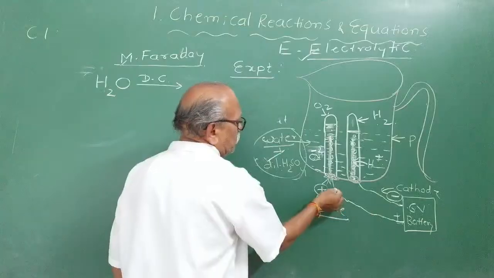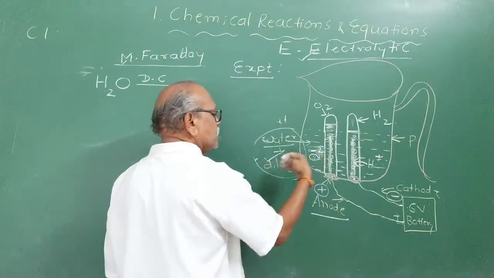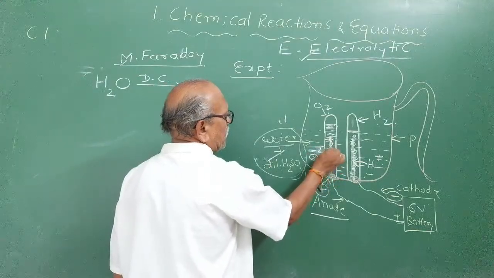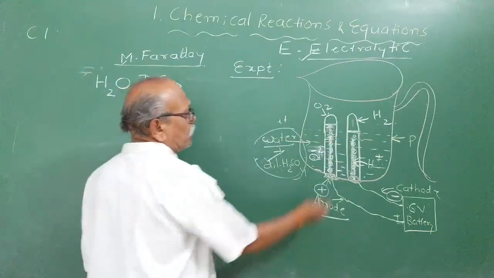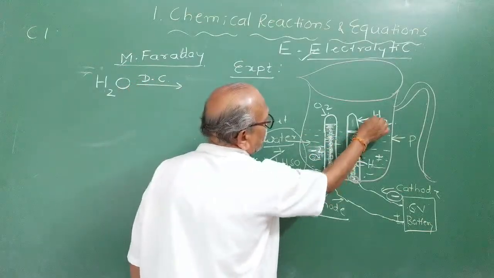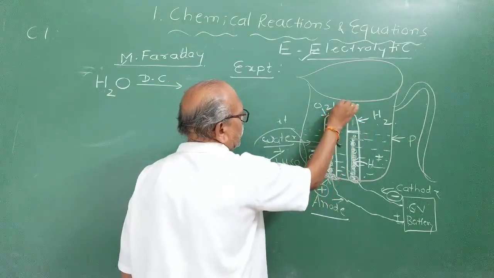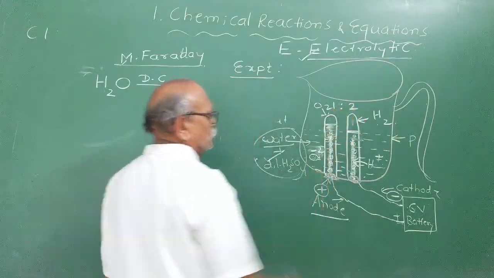Similarly, the O minus 2 ions will lose their charge and become oxygen gas. The bubbles of oxygen gas are liberated here and collected here. You can observe that the empty space of the hydrogen gas is double this. Means oxygen and hydrogen are collected in the ratio 1:2.